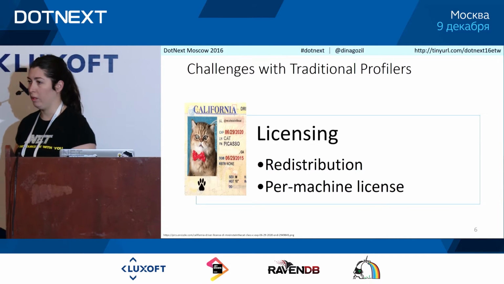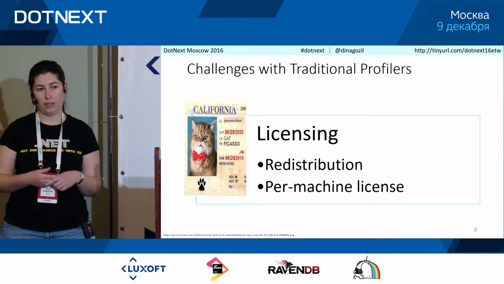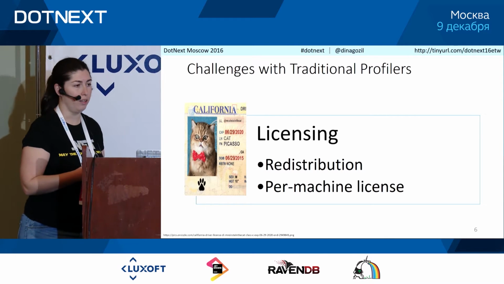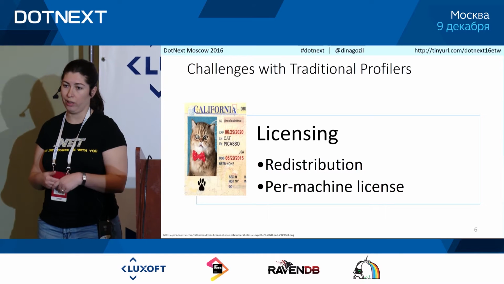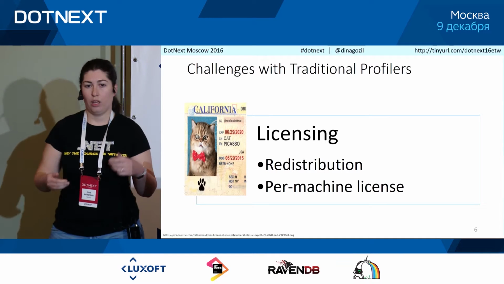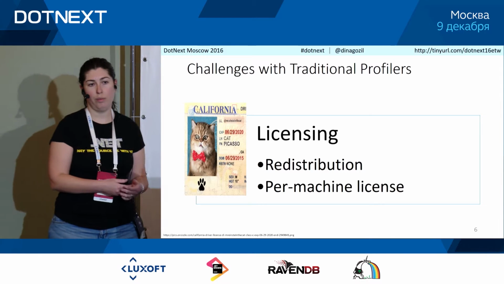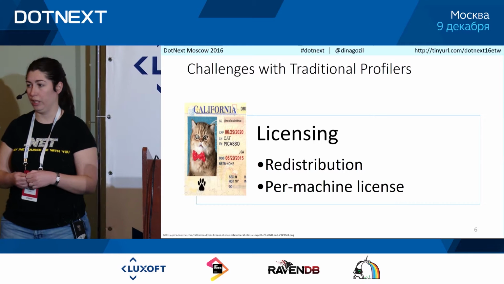And the last problem we might face is something that people don't usually think about, and that's licensing. Because most of these tools, at least the ones that I know, they don't allow the redistribution to your clients. So even though you can debug or profile your application in your development environment, you can't use the same tool at your client's machine.